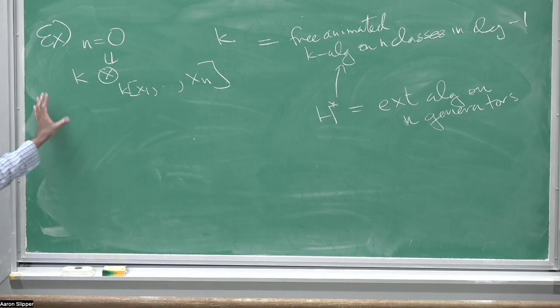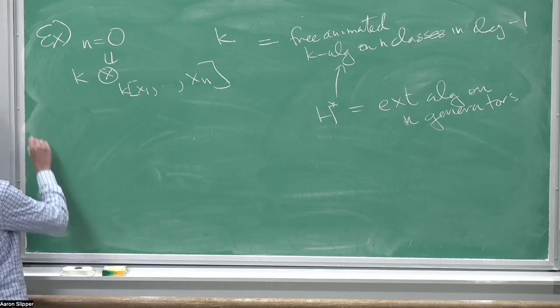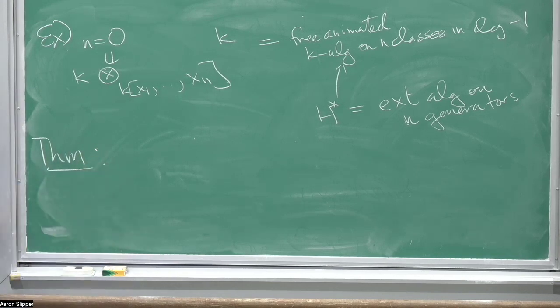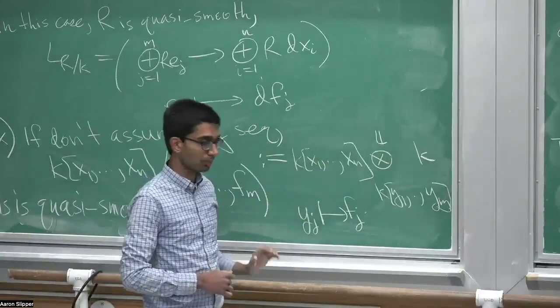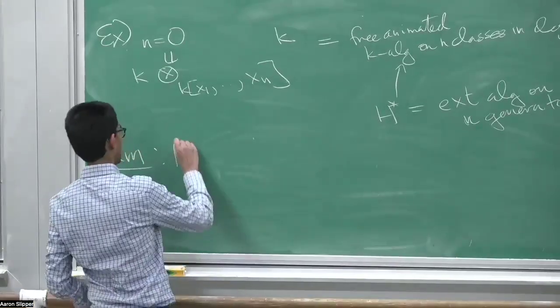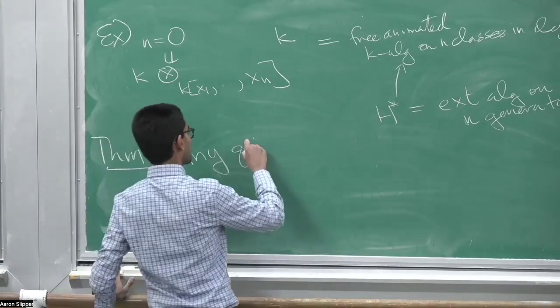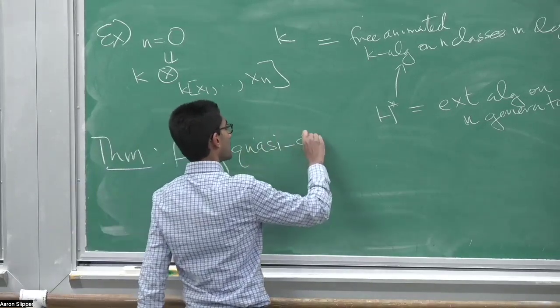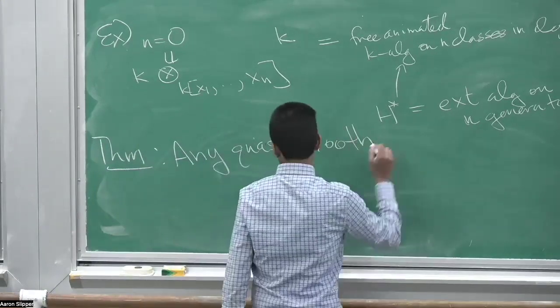So this is an example of a quasi-smooth algebra. Maybe I should state the theorem: basically this is the example. Any quasi-smooth algebra, at least Zariski locally, is of this form.